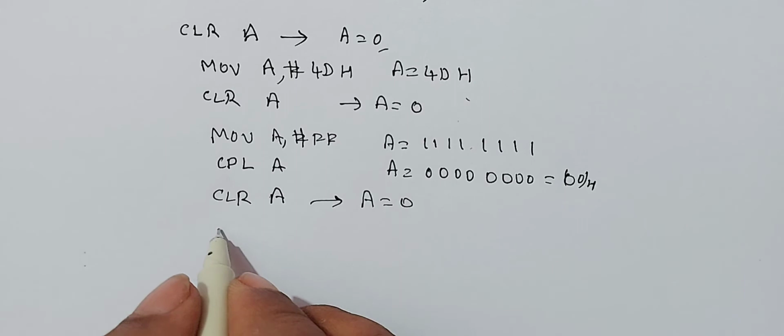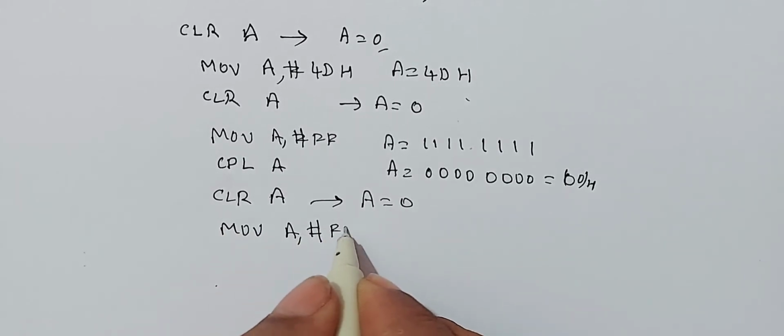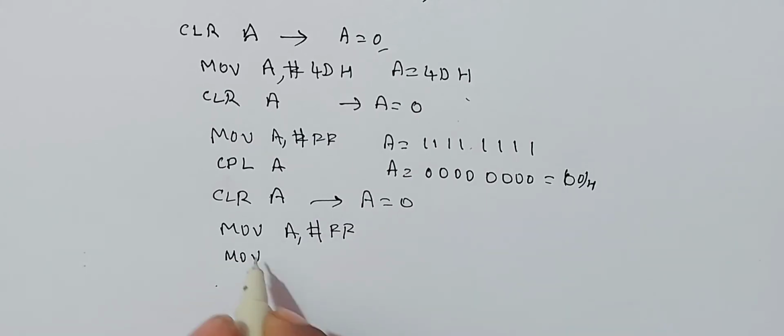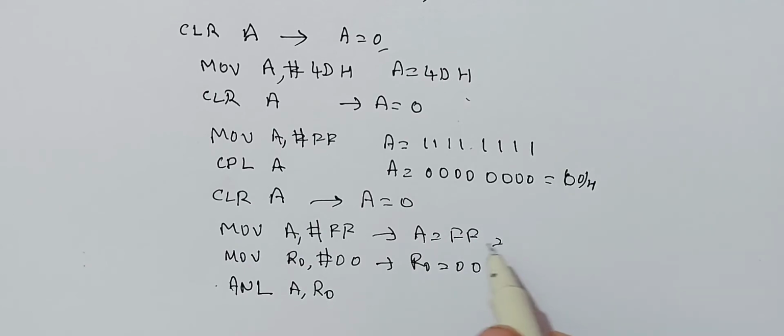Another example, MOV A, #FF, MOV R0, #00, and then the AND logic, ANL A, R0. Here in the first case, A is loaded with the value FF. In the second case, the R0 register is loaded with 00. FF means 11111111, and 0 means 00000000.